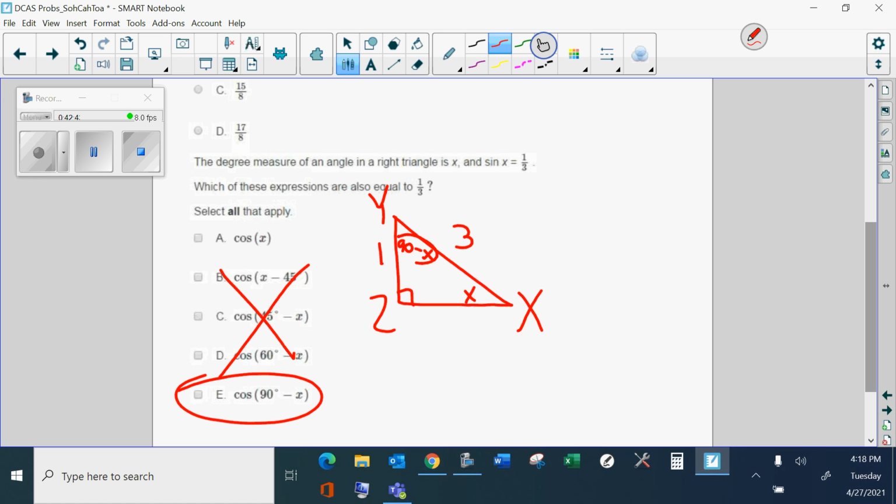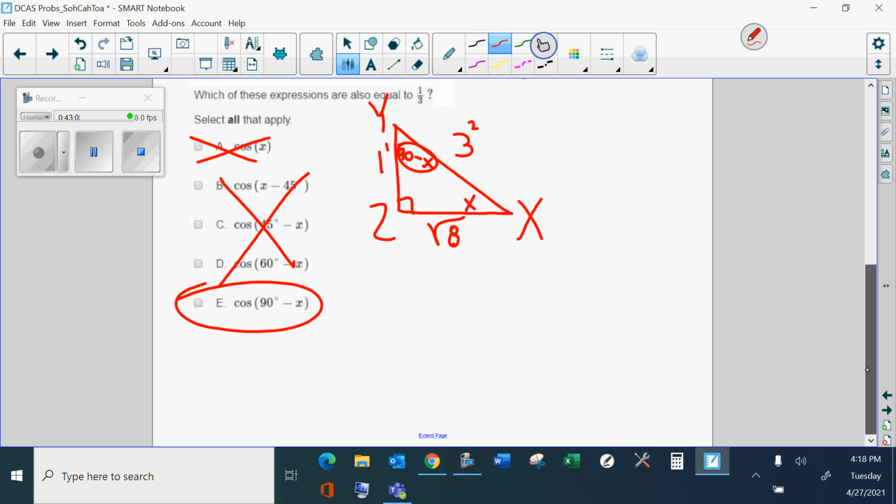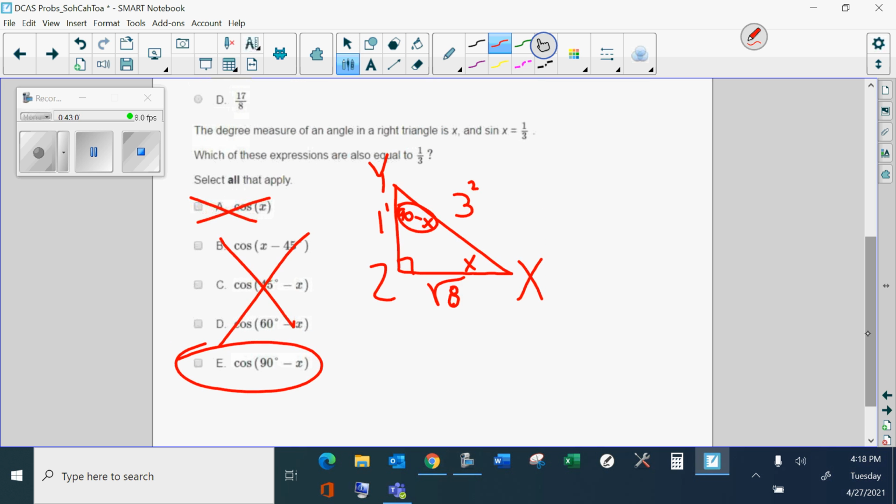The cosine of this angle is also 1/3. It's not going to be the cosine of x. The cosine of x, I see that's 9, that's 3 squared, 9 minus 1 is 8, that's the square root of 8. So the cosine of x is square root of 8 over 9. That's not the same. Okay, so it's only that one right there, unless they had others that I didn't see.